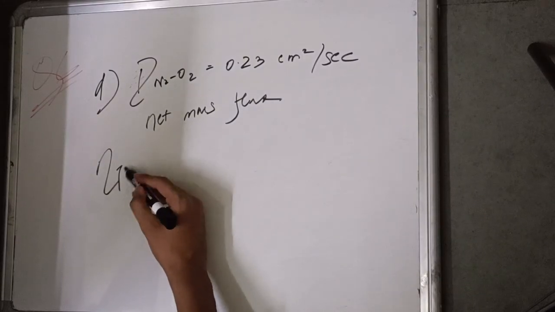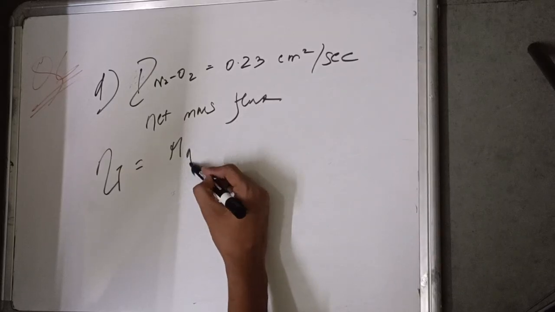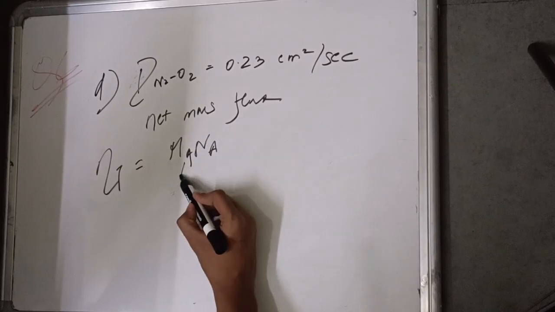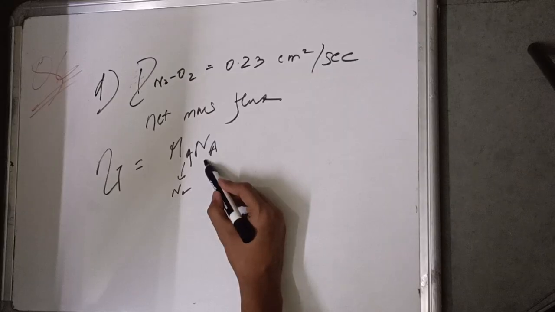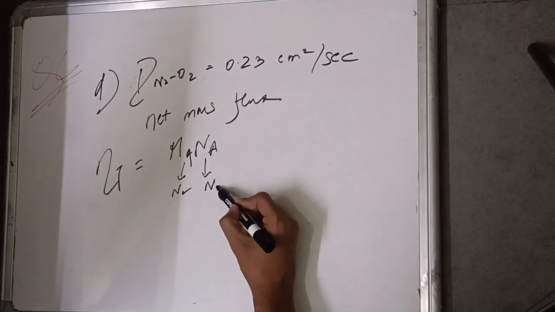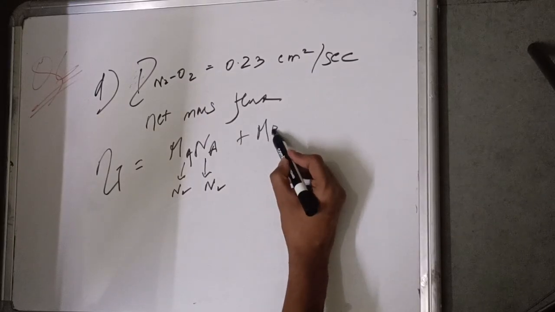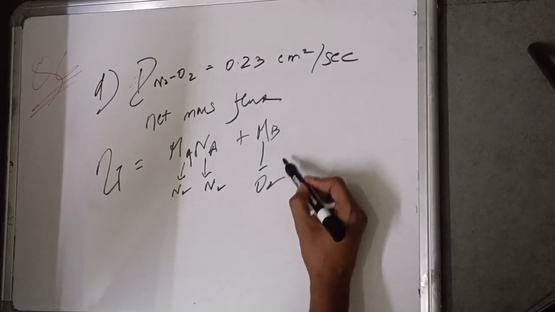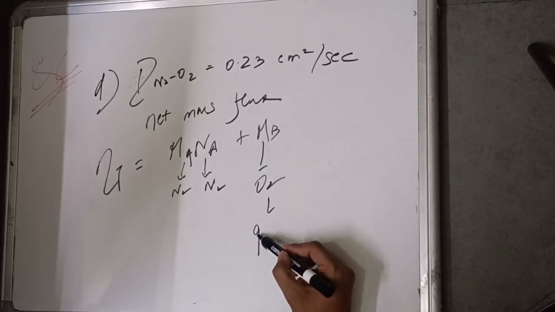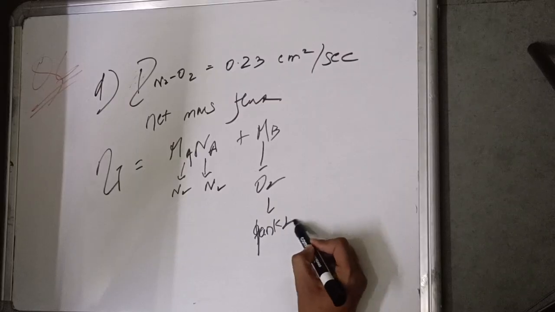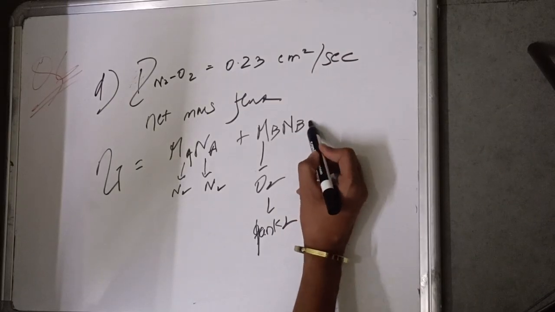We know the equation: net mass flux is the molecular flux of N2 and the concentration of N2, plus Mb, we are taking that oxygen in tank 1, and Nb.